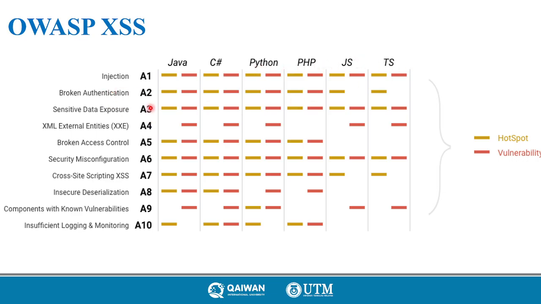Broken authentication, Java, C#, C++, Python, and all the way. These are the hotspots and vulnerabilities. For example, Java has hotspots and vulnerabilities in injection, which is A1, and so on, all the way to TS, which doesn't have the vulnerability part.